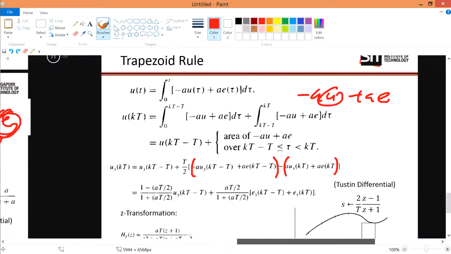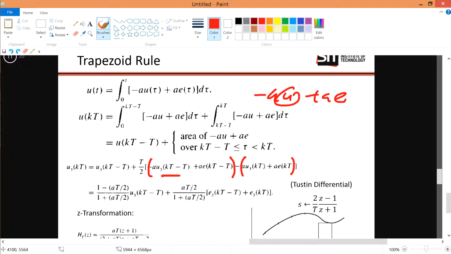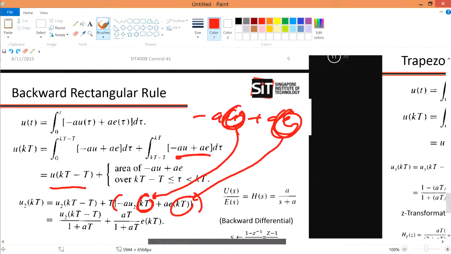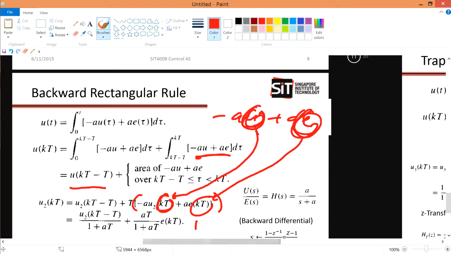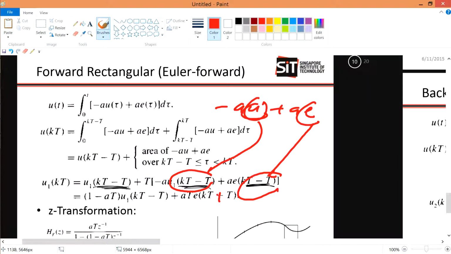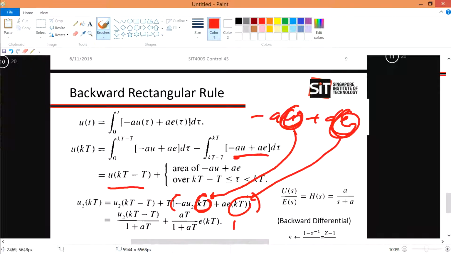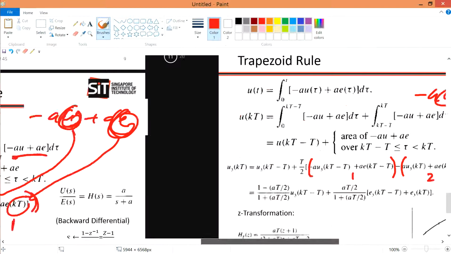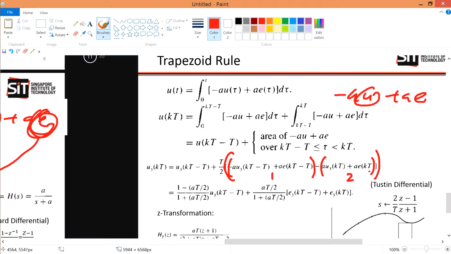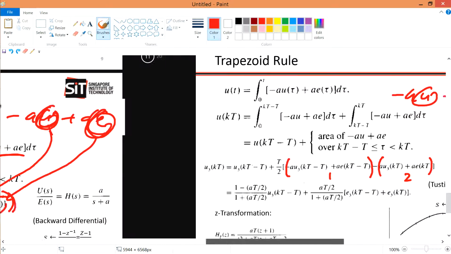So over here there are two terms, taking KT minus T for each of this side and also KT and KT over here. There is one term and two terms, the one term minus away the two terms. Over here this whole thing is one term, while over here the whole thing includes two terms. I hope you get what I mean now.